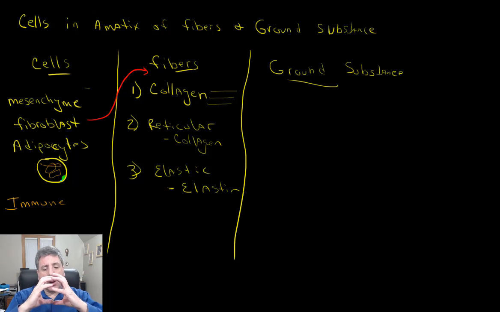So if we have an artery, and this is just a tube, okay? Every time your heart contracts, it pushes blood out into the arteries, okay? So when your blood is being pumped into the arteries, you have an increased amount of pressure. And what happens is your arteries stretch out. Okay?